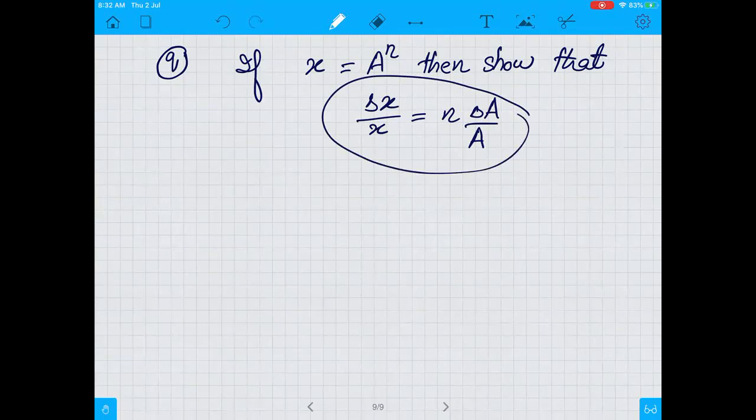So basically you have to prove that the power becomes the coefficient when you write the formula for uncertainty.